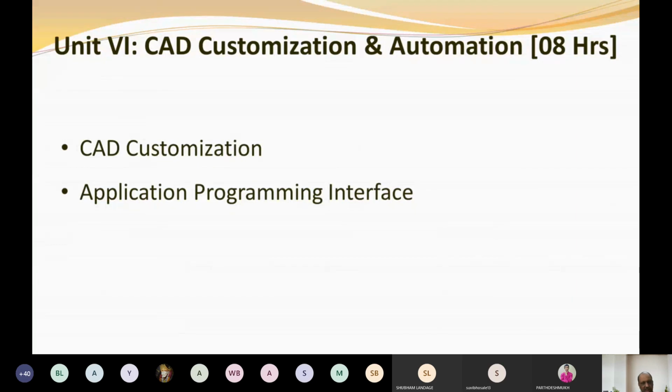We do not have to go into a programming stage here, but if possible, during practical I will show you how the programming can be done, and how we can have a programming interface with a particular software. Now these are the 6 units.